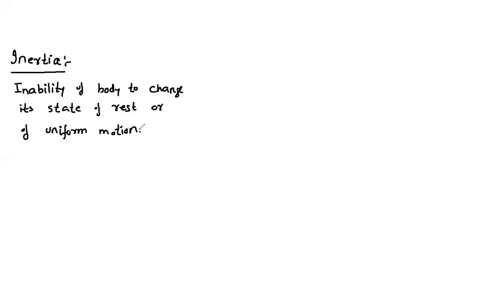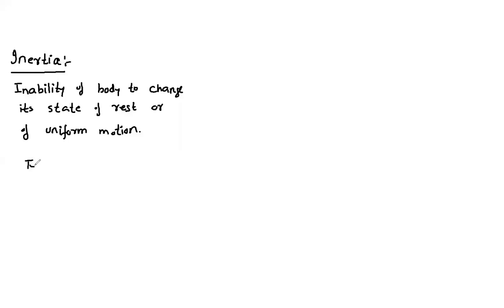Means if a body is at rest, it cannot come in motion on its own. If a body is in motion, it cannot come to rest on its own. It will always try to maintain its state. Means a body at rest will try to remain at rest always. A body in motion will try to remain in motion always. This property of body is known as inertia.